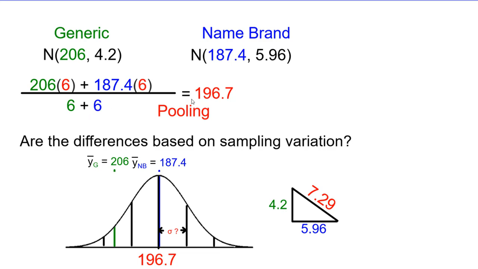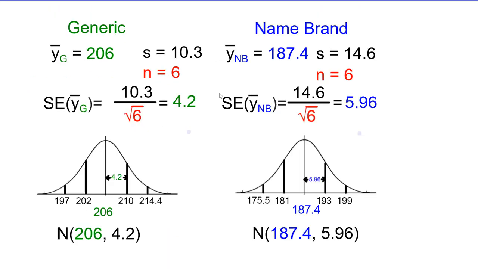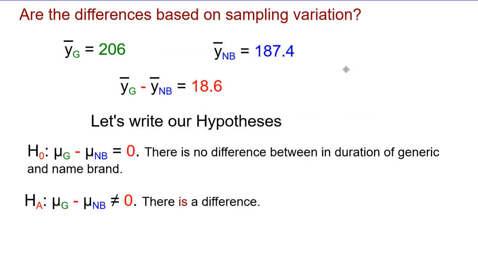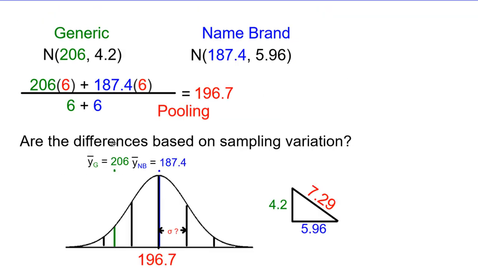This is pooling, by the way. We've seen this with proportions. We're going to do it again with means, but there's a caveat. We can only do pooling with means when we're testing if we know or we expect that the variation in the samples is the same. So our sampling variation was not the same, but if we expect that the populations are the same, because remember, this is just a snapshot, a quick representative sample of size 6, right? If we expect the variations to be the same or very close, then we can go ahead and pool it together. But if we don't, then we can't do this pooling.